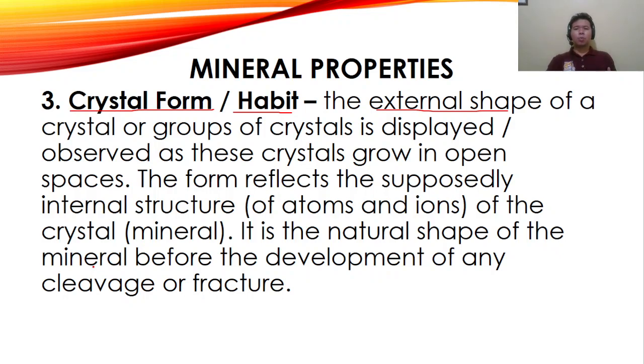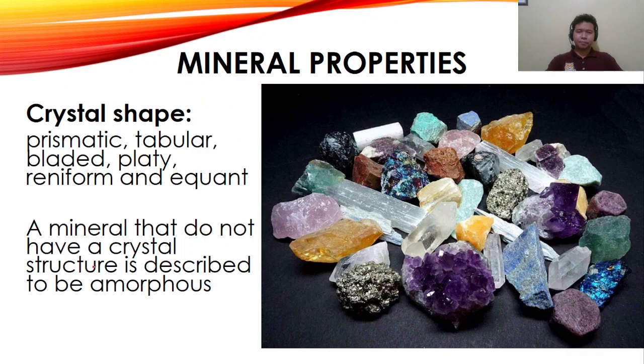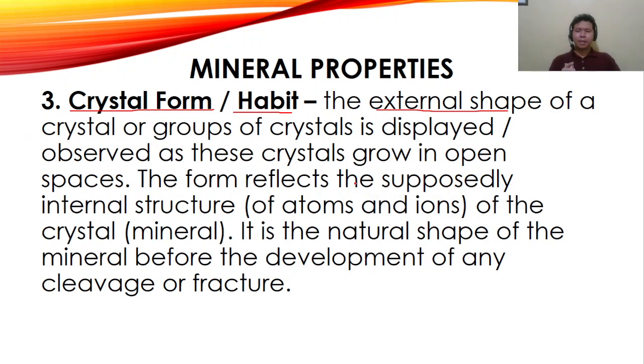So we can determine the crystal form of a certain mineral if it's broken down into smaller pieces. Crystal shape can be prismatic, tabular, bladed, platy, reniform, and equant. The shapes we have mentioned belong to the mineral habit or crystal form.